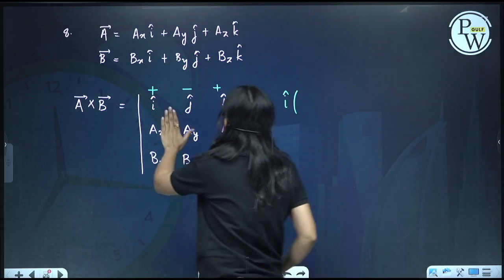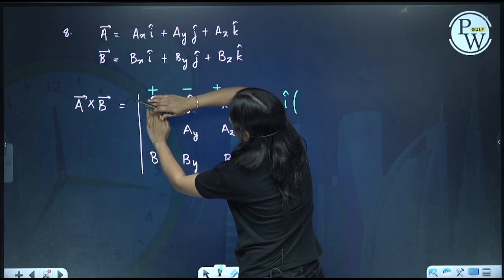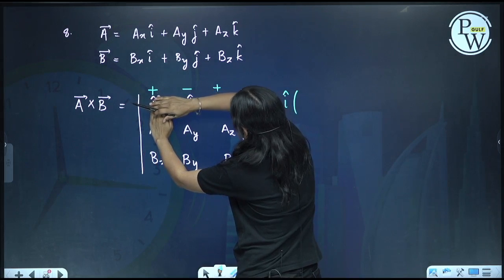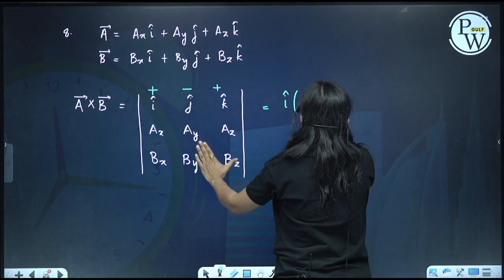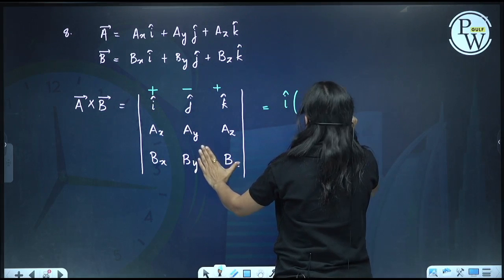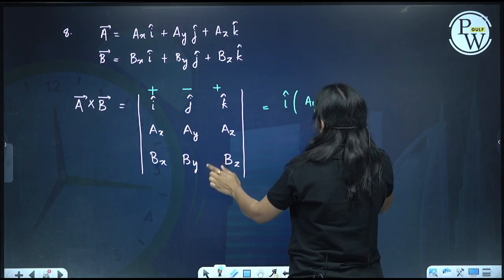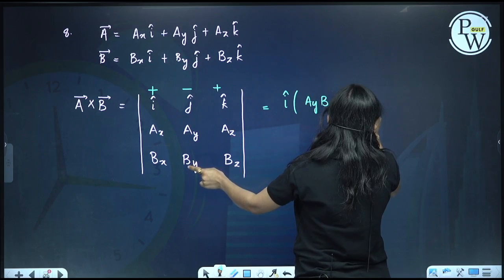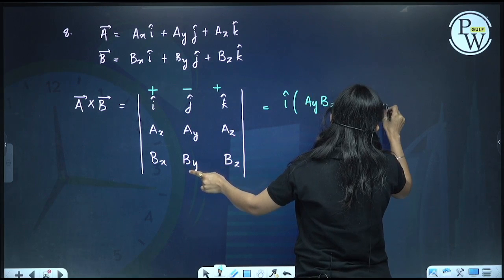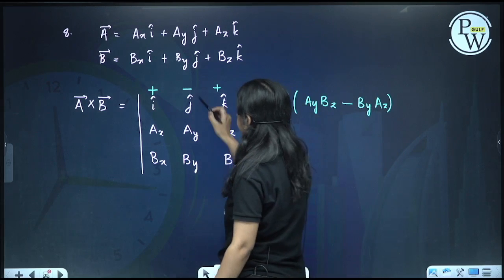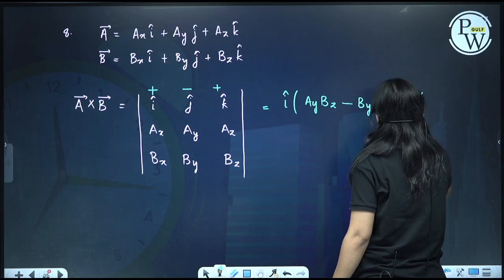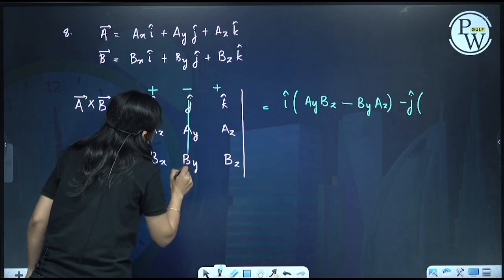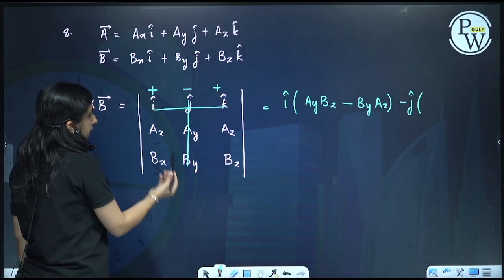So remove the row and column of i cap and multiply downwards first: ay into bz, put a minus sign, then by into az. Then next is j, so write minus j cap, remove the row and column of j cap.